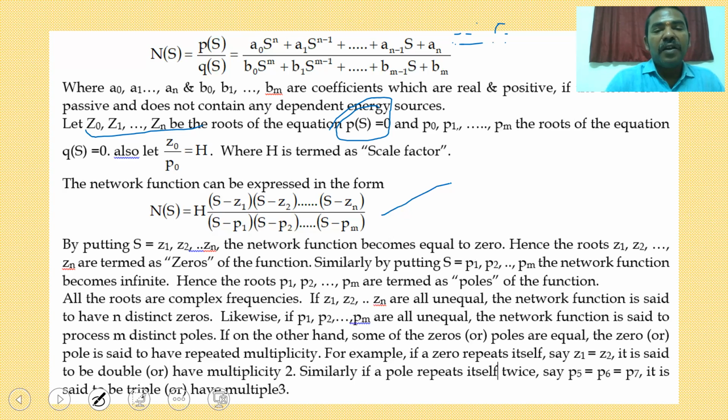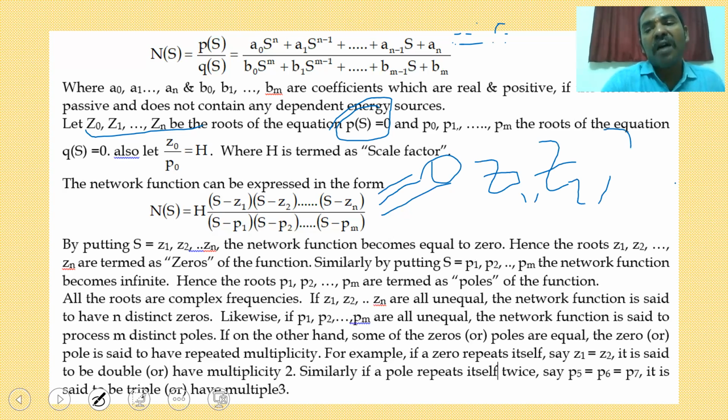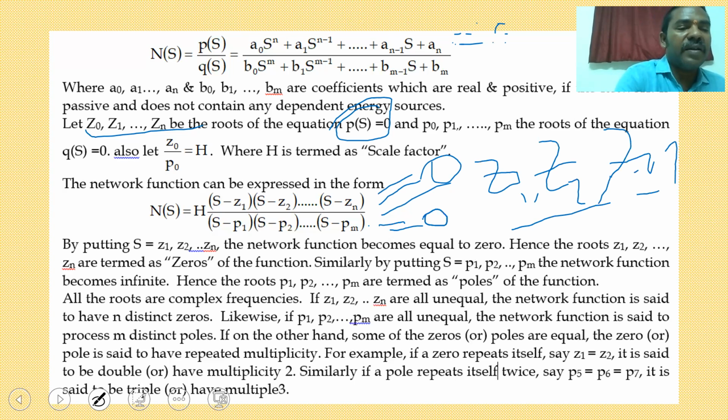So here, if you substitute these values equal to 0, the roots you are getting, z1, z2, zn, are zeros. And if you substitute this value so that n is infinity, then p1, p2 and so on up to pm are the poles of the equation.